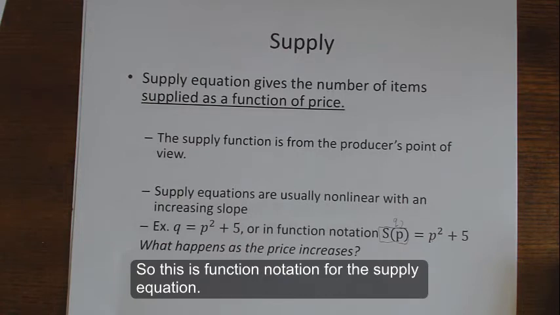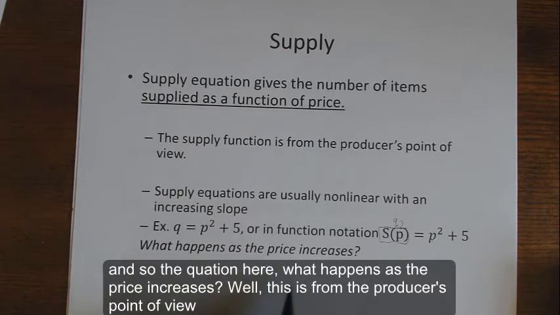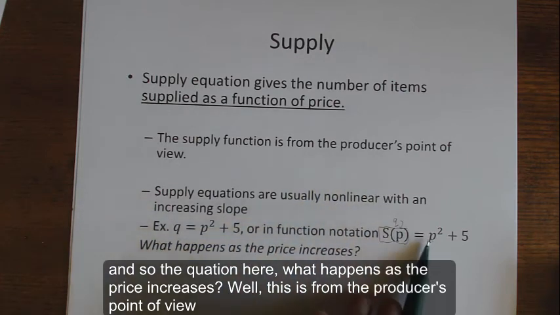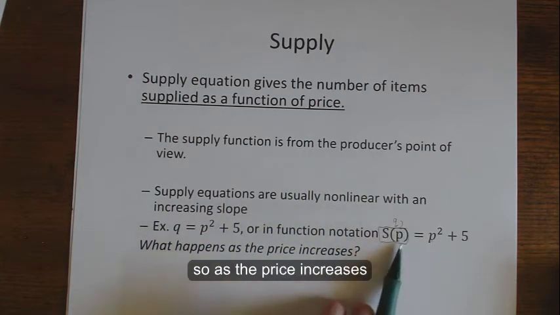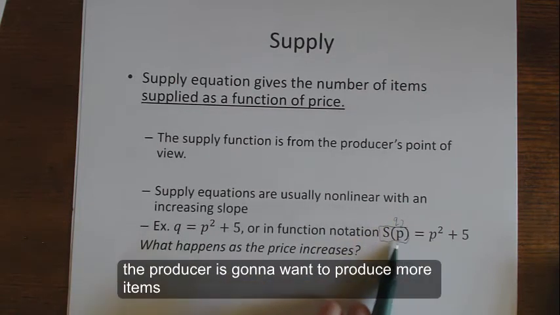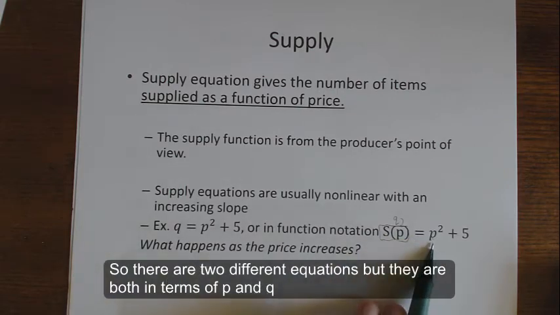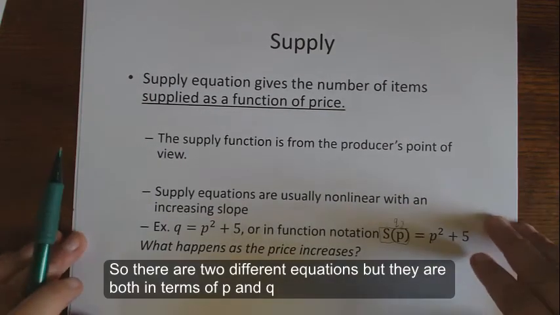And so the question here, what happens as the price increases? Well, this is from the producer's point of view. So as the price increases, the producer is going to want to produce more items. So they're two different equations, but they're both in terms of P and Q.